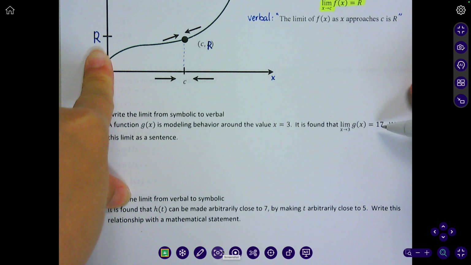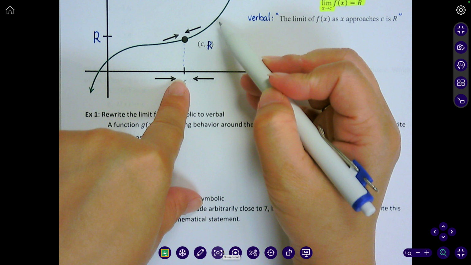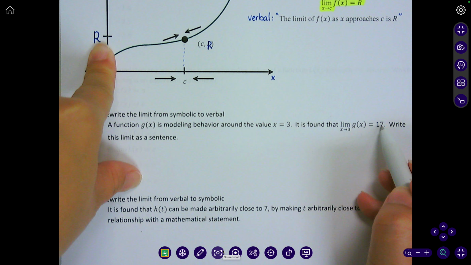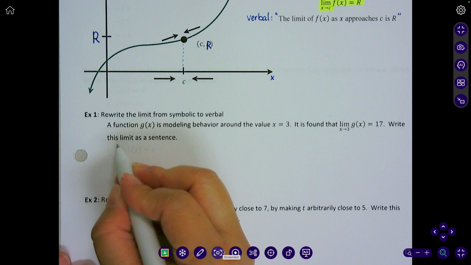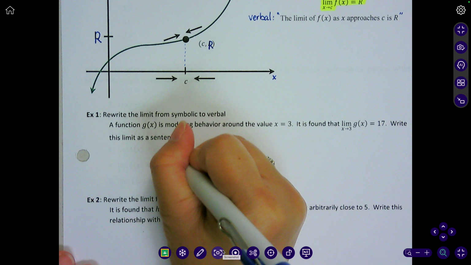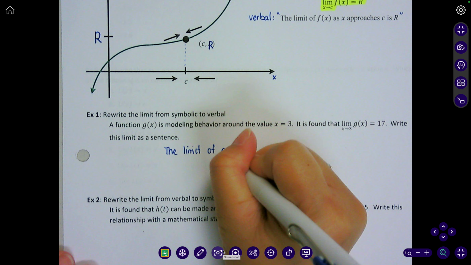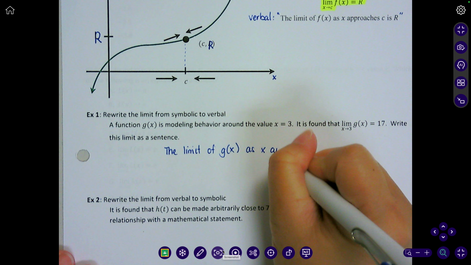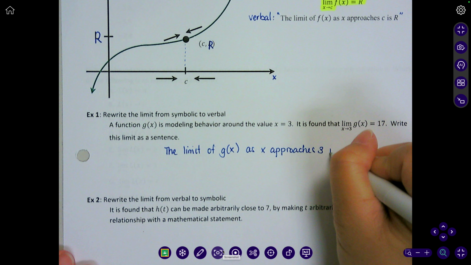Is that good? So again, either from the left of 3 or from the right of 3, my y value goes to 17. It's going to get close to 17. So if I want to write this limit in a sentence, we write it like this: the limit of g of x, which is the name of my y, as x approaches 3 is 17.